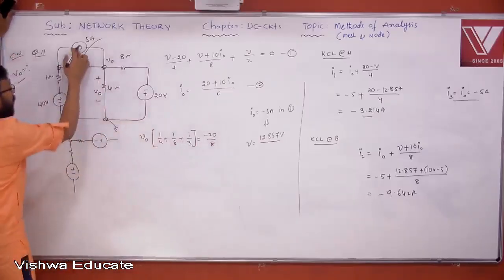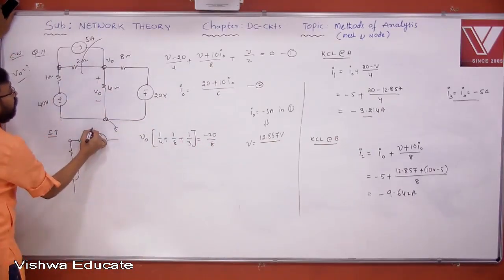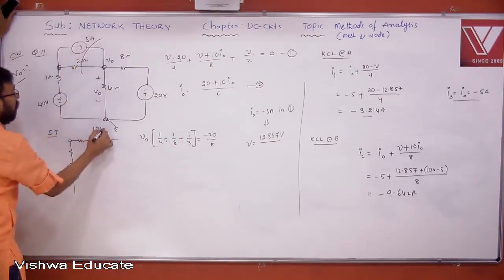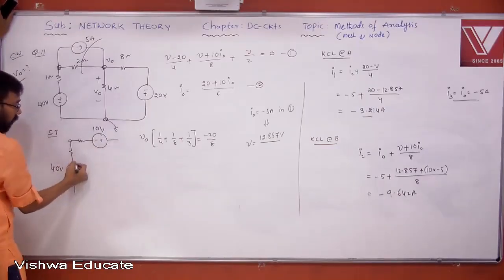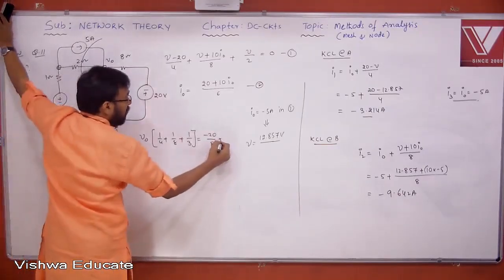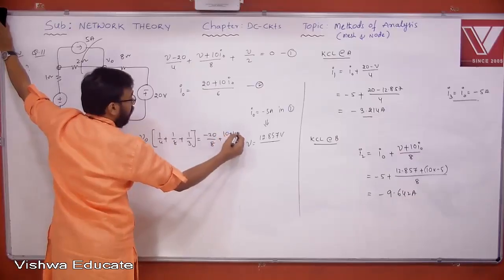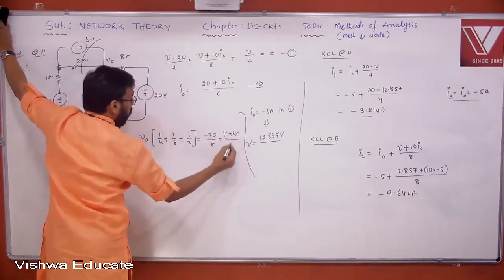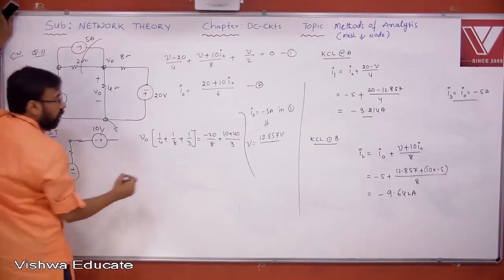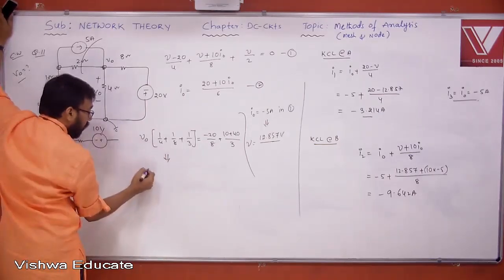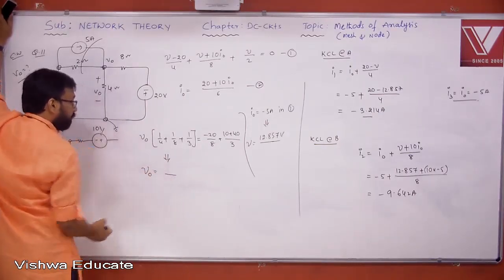Now, after transformation, what is this voltage source value? 2 into 5, 10 volts. Already it is 40 volts. Touching positive first, therefore plus 10 plus 40 by 3. Why 3? Because these 2 are in series. Then if you simplify this, you get the value of V naught.